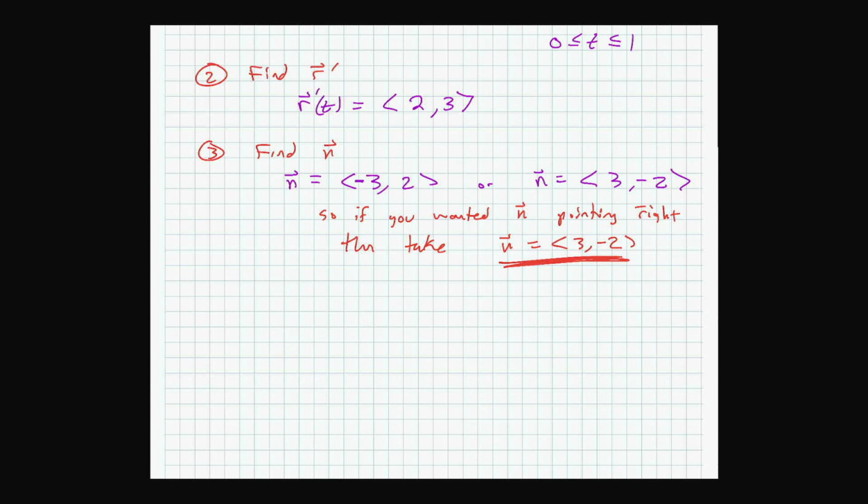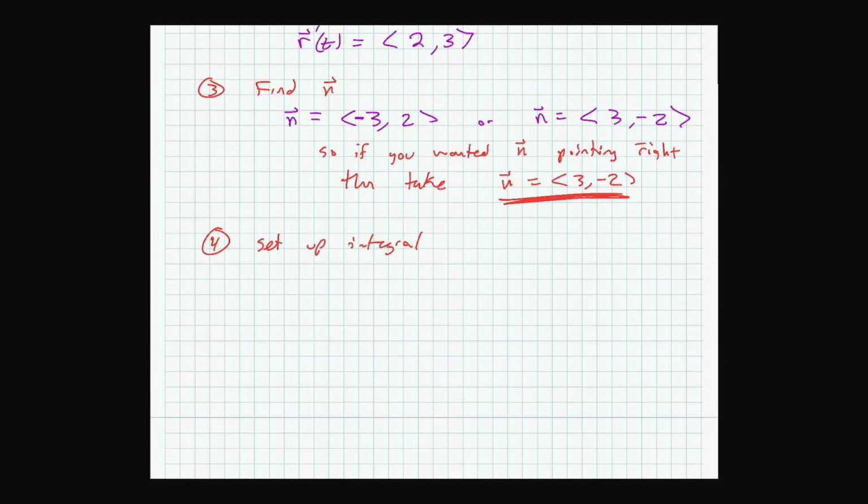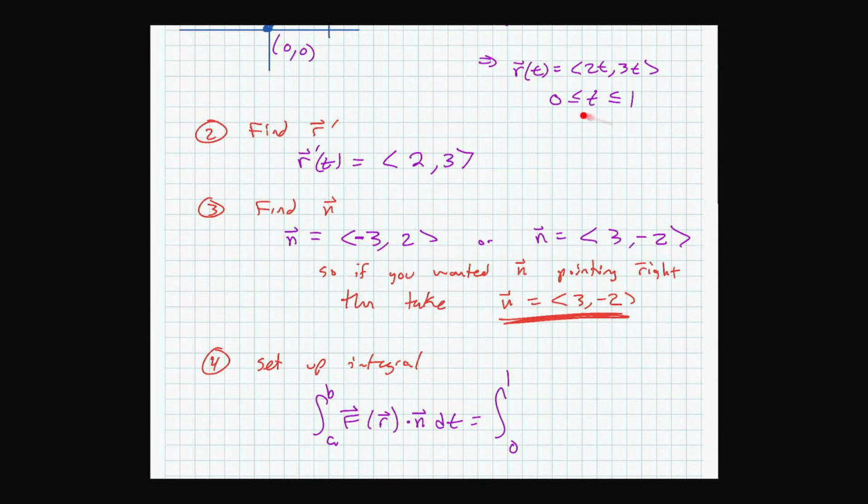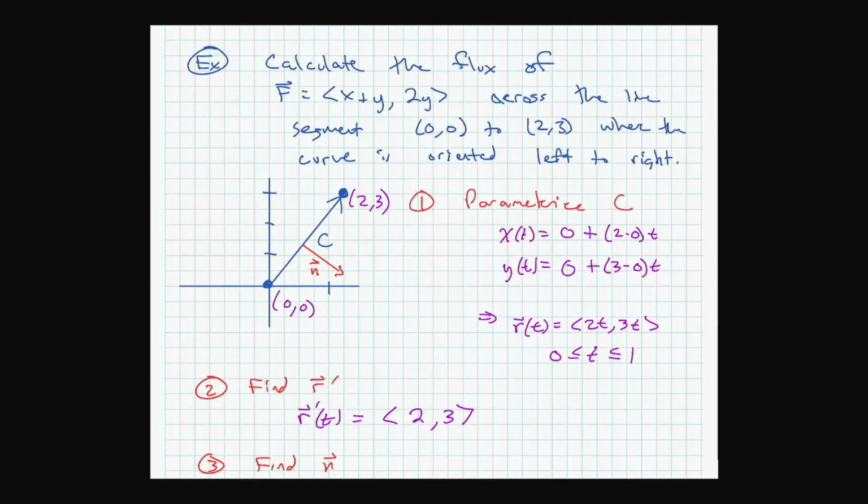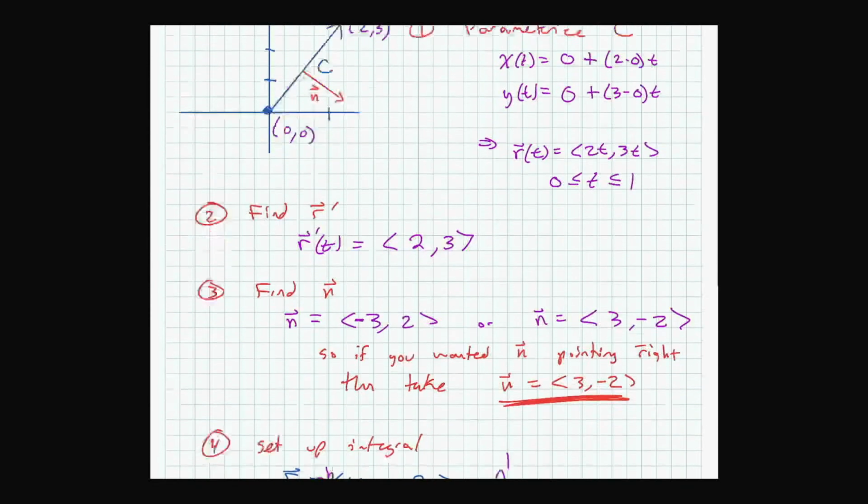Okay. So then we can set up our integral. What we want is the integral from a to b, f with r plugged in, dot n dt. So we get the integral from 0 to 1 because that's what we have for r. Then we need to plug 2t, 3t into f, which is way up here, right? Let's move this down here.